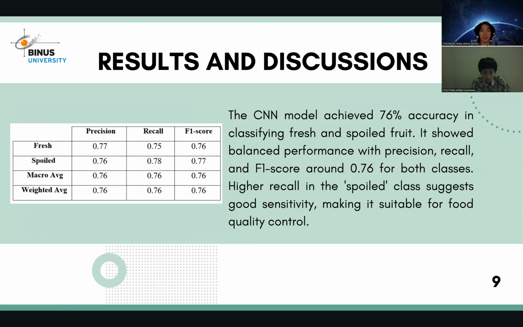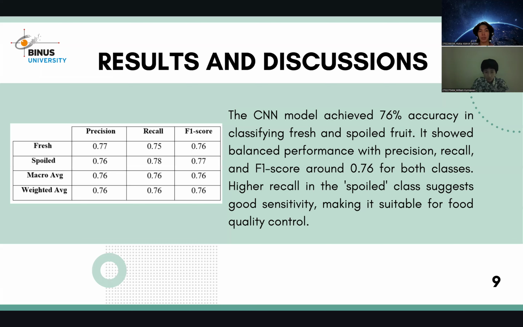We can see from this table that the precision, recall, and F1 score values for both classes, fresh and spoiled, are in the range of 0.76 to 0.77. Interestingly, the recall for the spoiled class is slightly higher at 0.78 compared to 0.75 for fresh.